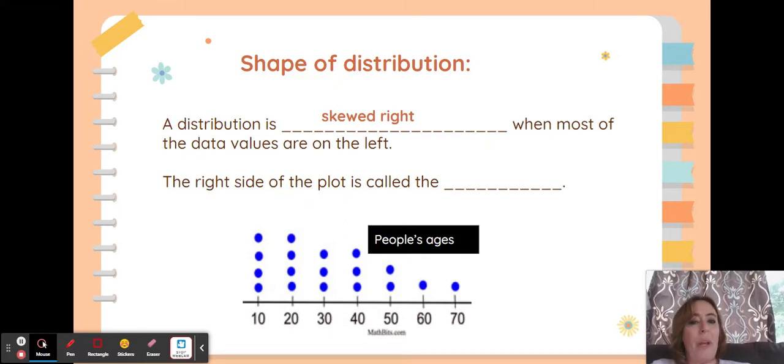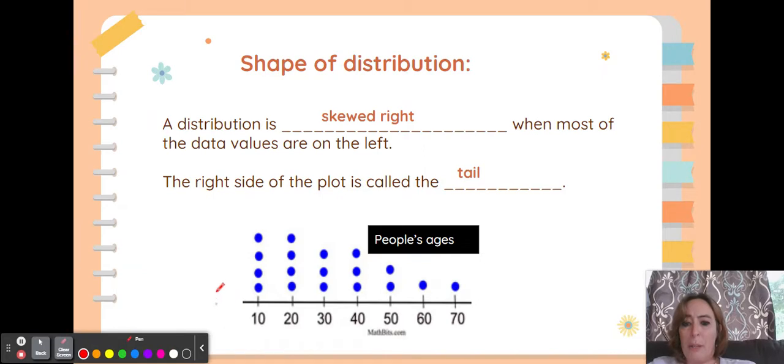Now we have skewed right, so most of the data values are going to be on the left. The right side of the plot is called, well, again, the tail. So again, this is the left, this is the right, okay? Remember, most of the data has to be on the left for it to be skewed right.